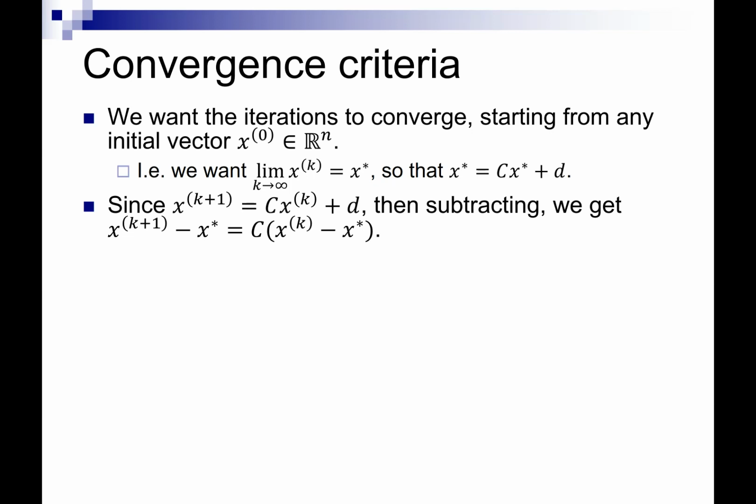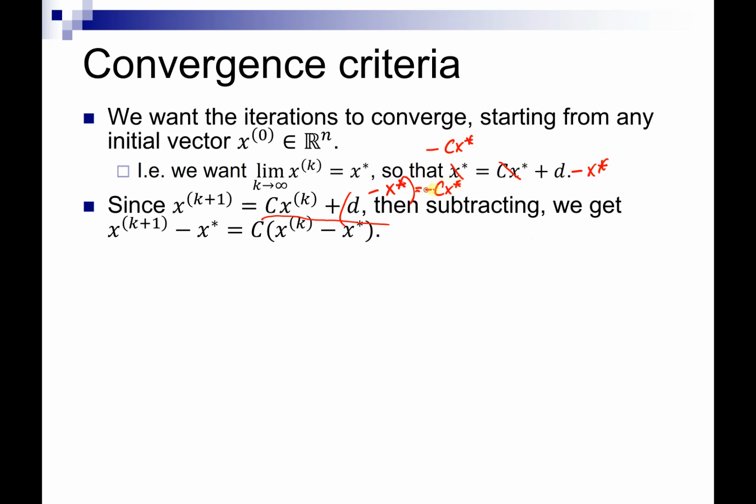On the right, you have D minus x star, and if you move the C times x star to the other side, you see that D minus x star is equal to the negative of C times x star.